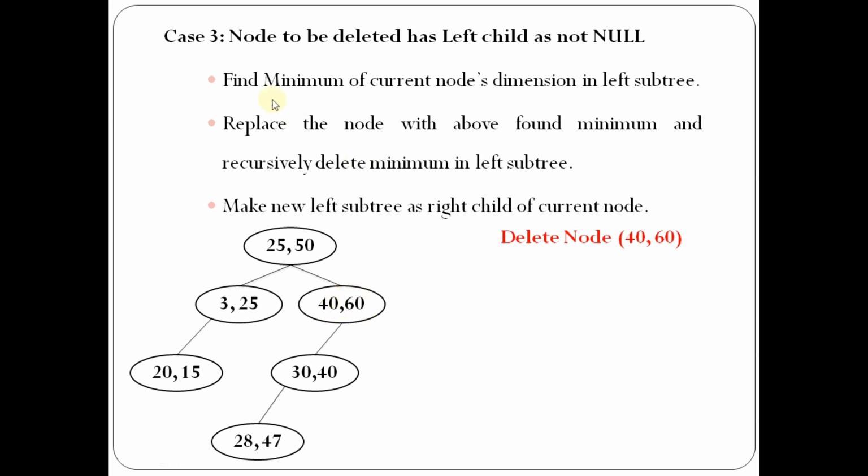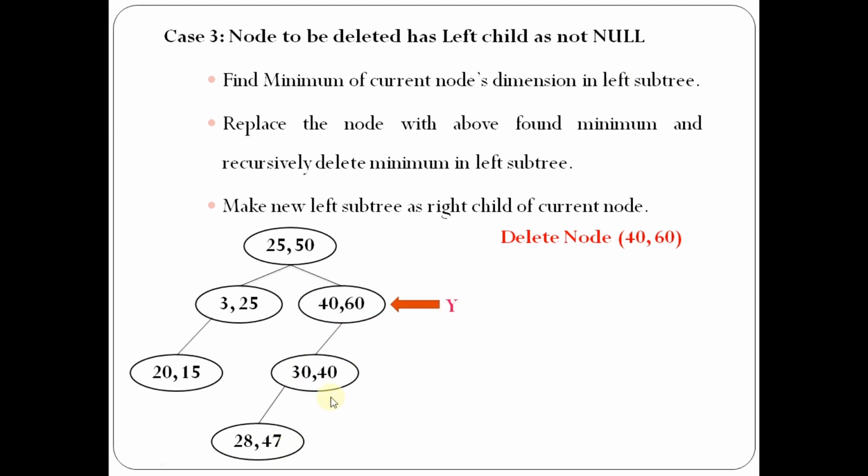Case 3 is to find the minimum of the current node's dimension. The first step is to calculate the dimension. 40 comma 60 is present in the y dimension. Now we have to find the minimum of the current node's dimension in the left subtree. The left subtree of 40 comma 60 is 30 comma 40 and 28 comma 47. We have to find the minimum in the y dimension.